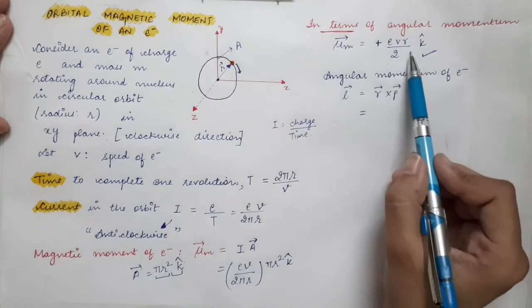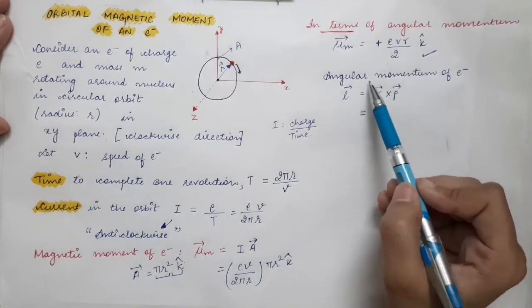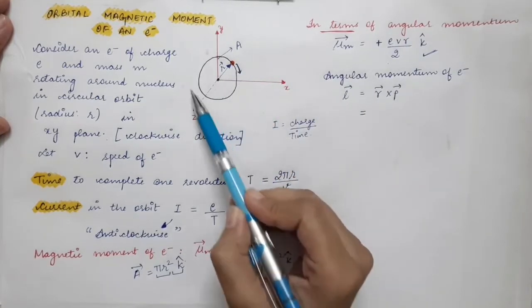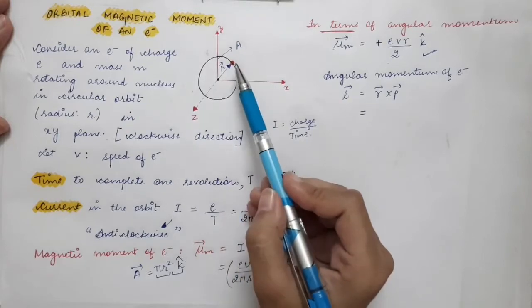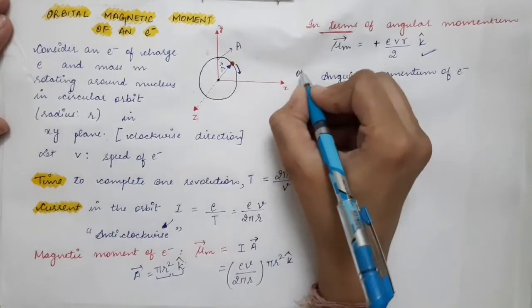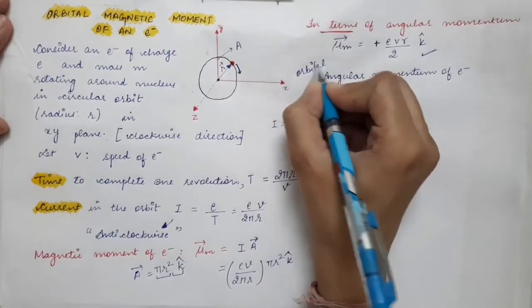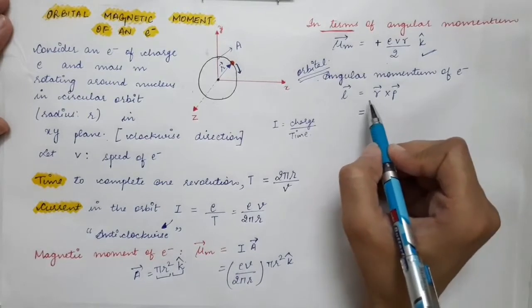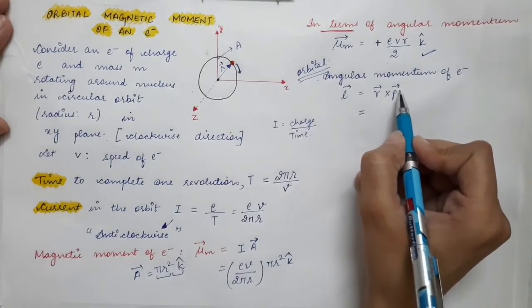Now we are going to find this expression in terms of the angular momentum of the electron. The electron is orbiting in circular motion, so obviously it will have angular momentum, the orbital angular momentum. The angular momentum is given by r cross p vector, where p is the linear momentum.